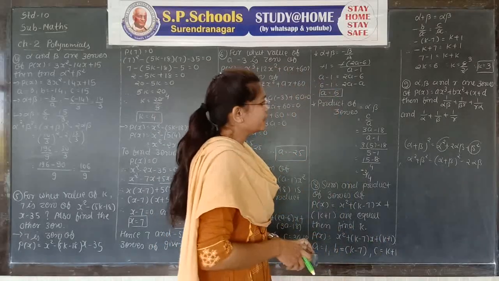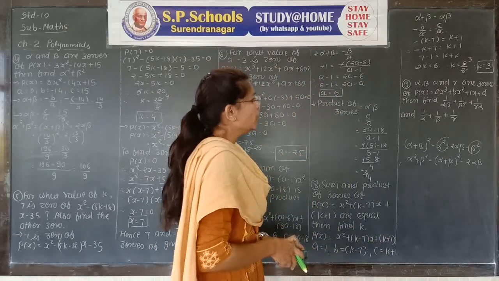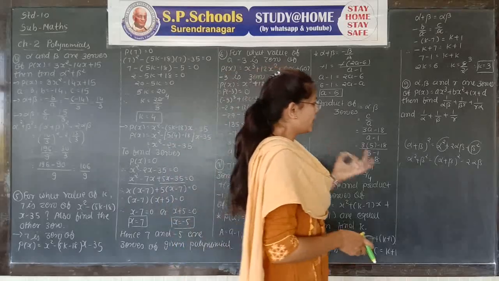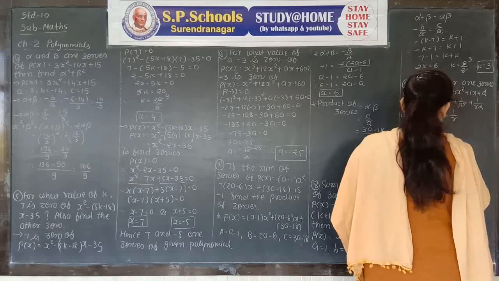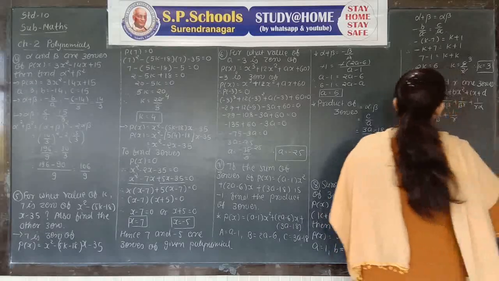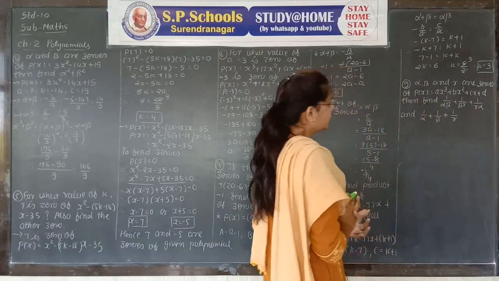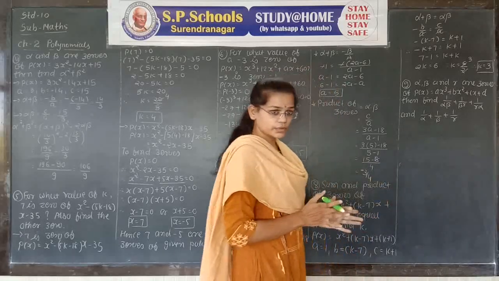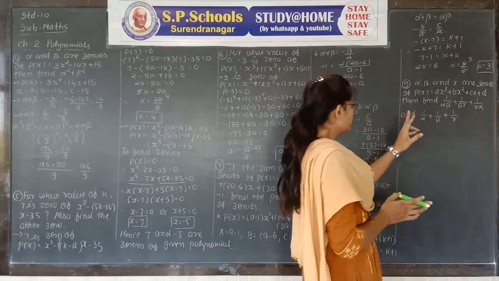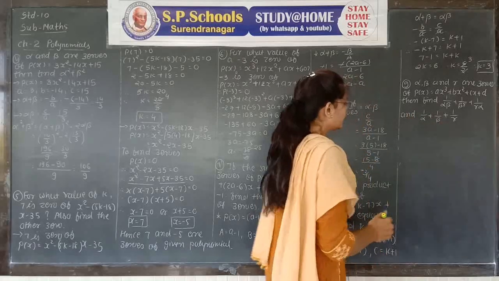Now see the ninth number. Alpha, beta and gamma are zeros of p of x is equal to ax cube plus bx square plus cx plus d. Find 1 upon alpha plus 1 upon beta plus 1 upon gamma, and 1 upon alpha beta plus 1 upon beta gamma plus 1 upon gamma alpha.